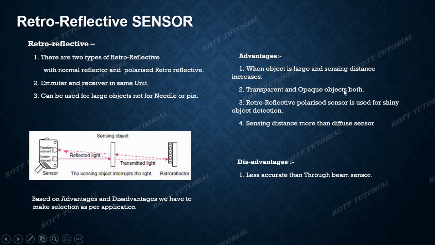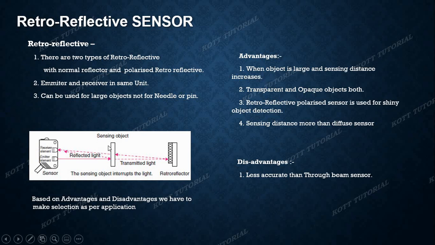Transparent and opaque objects both can be detected. The retroreflective polarized sensor is used for shiny object detection. A reflector can reflect the light completely, and if I have a shiny object, it may also act as a reflector, meaning it may also reflect the complete light. In this manner, the sensor will not be able to detect the product.